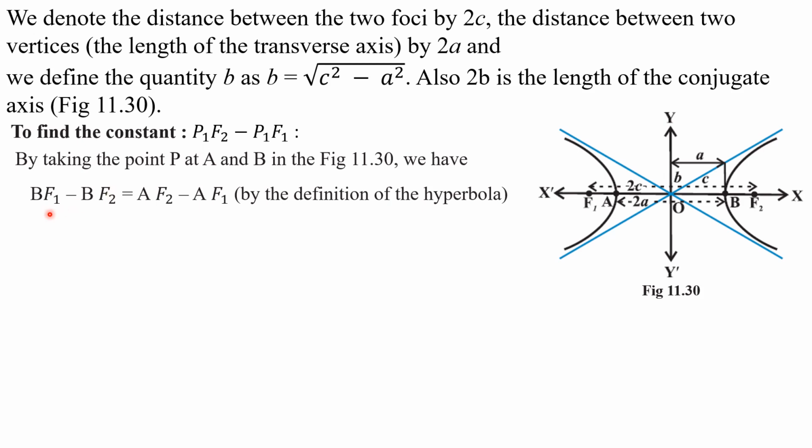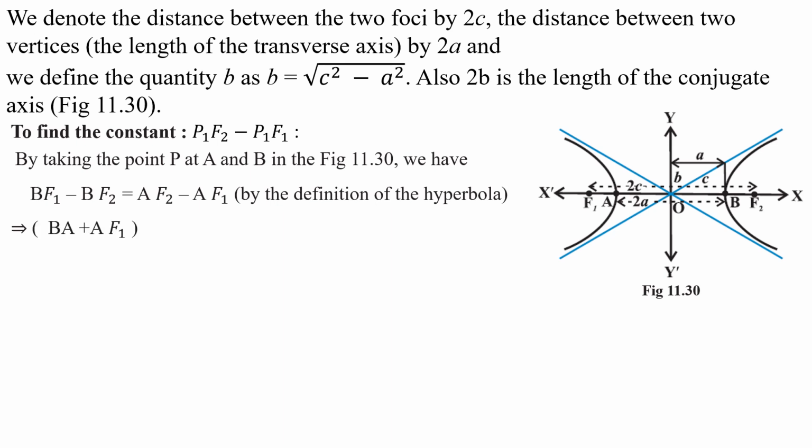So BF1 minus BF2 is equal to AF2, for this point F2, A is a farther point, so AF2 minus AF1. My children, these are the points on the hyperbola, so by the definition of the hyperbola, we have taken this step. Understood this step, my children? Right.